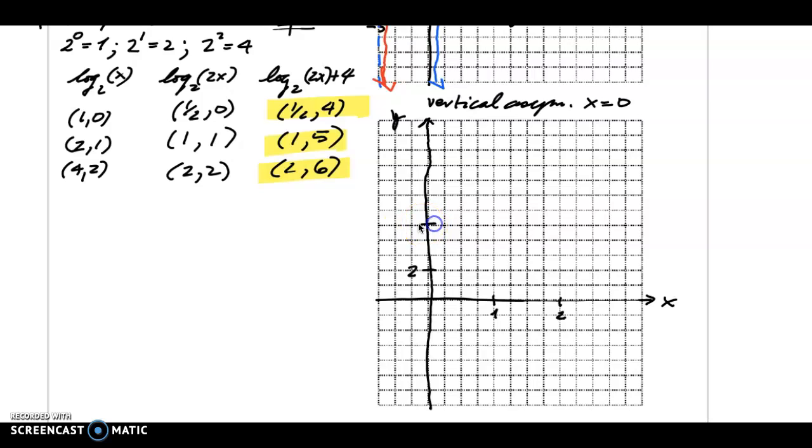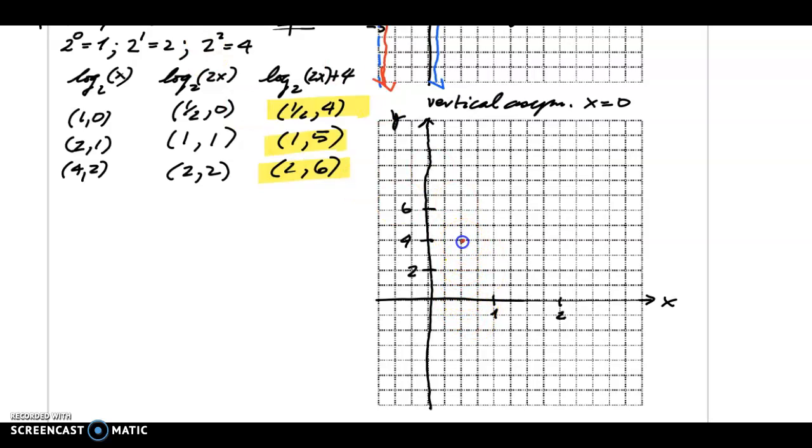2, 4, and I guess 6. That's what I'll do. And then if it's a half, it's going to be right here, at 4. So there's 1 point.